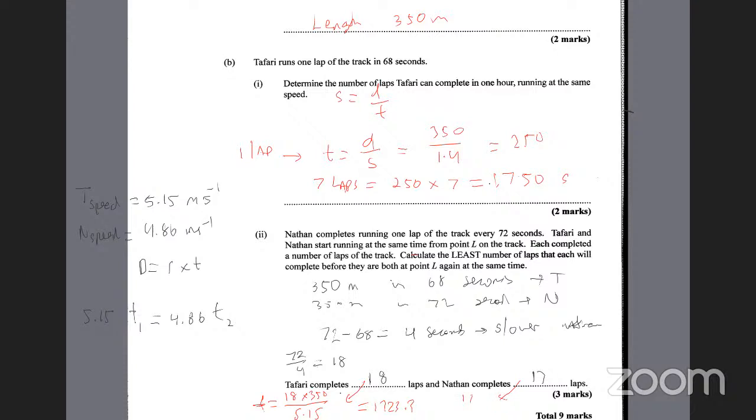Let's check out Nathan now. He did 17 laps by 350 all over his speed, which is 4.86. So that's 17 by 350 divided by 4.86, which is kind of close. 1224.3, right?